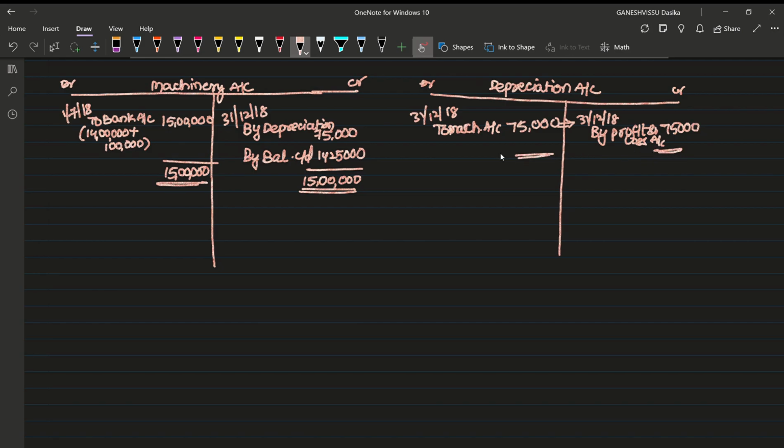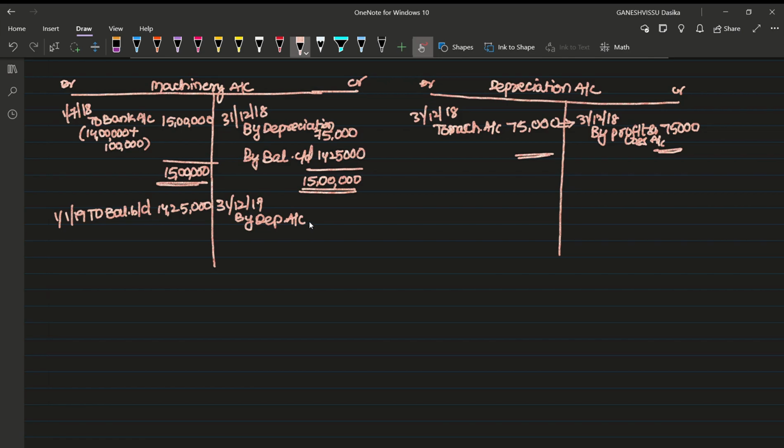So this is year 1, and on 1st January 2019 we write to balance brought down, which is 14 lakhs 25,000. At the end of the second year, 31st December 2019, by depreciation account.